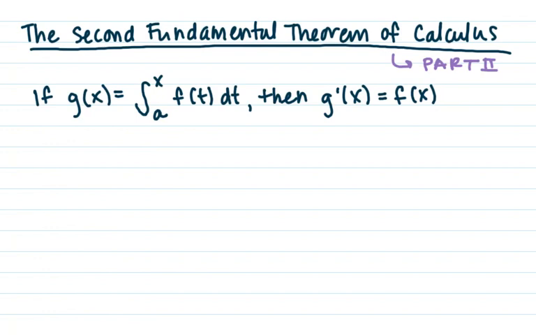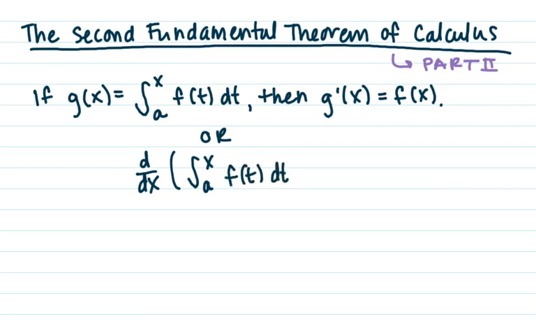Another way you might see this is we sometimes write it as you're taking the derivative with respect to x of some integral from a to x of f of t dt.